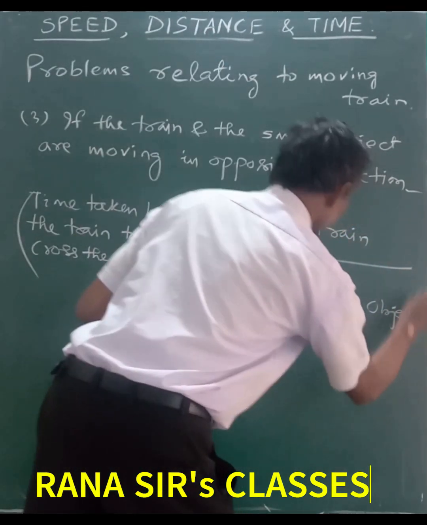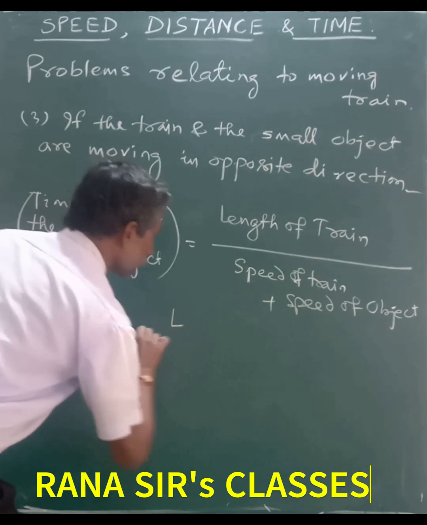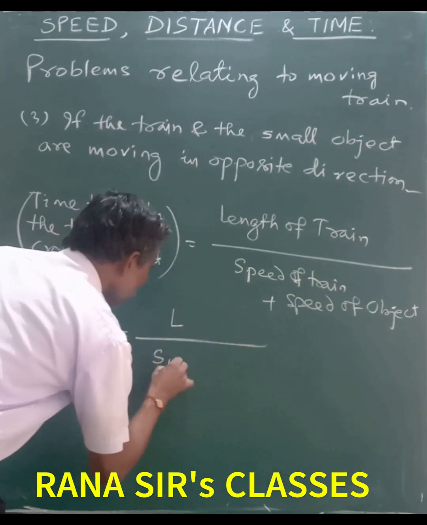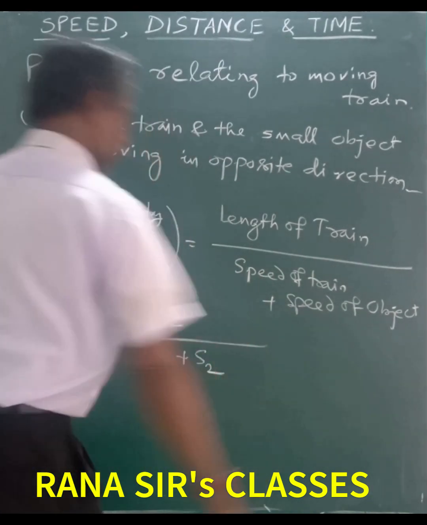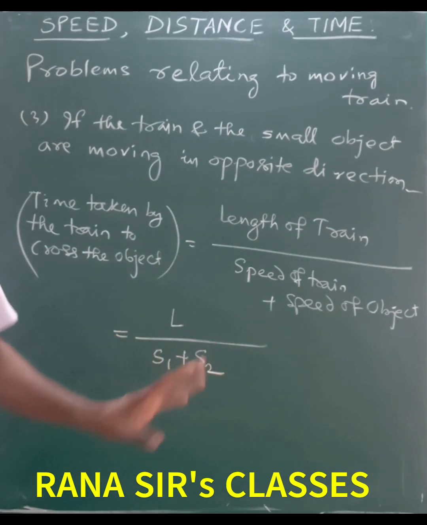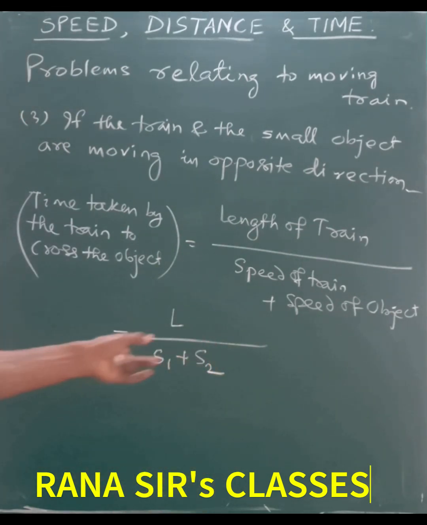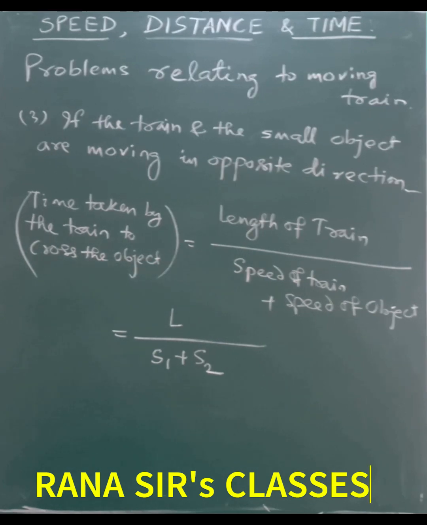Or you can say L divided by S1 plus S2. S1, S2 are speed of the two objects, one for train, other for object.